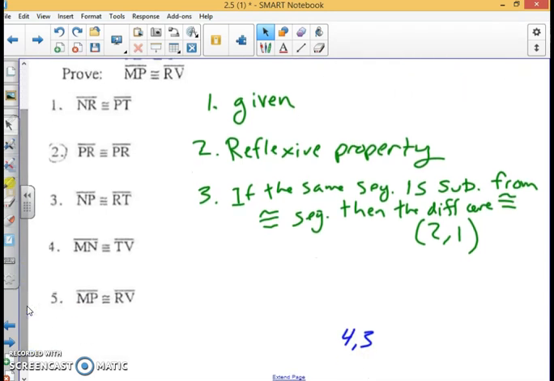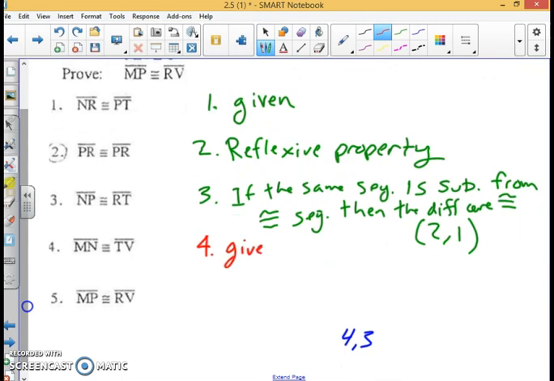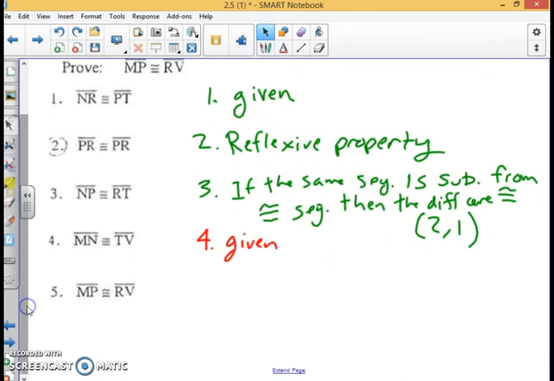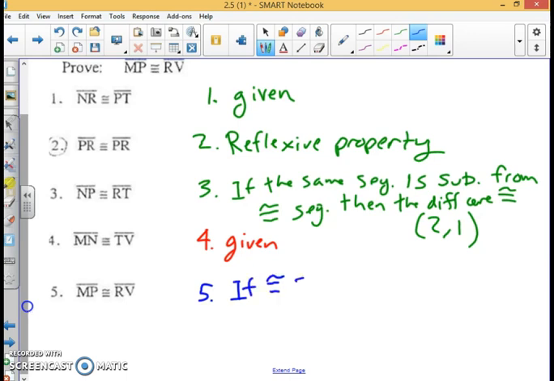Now comes into play that other information that was given to us. We brought it up now because this is where we need it in the proof. And now we are ready to reach our conclusion that MP is congruent to RV. And we are using the fact that if congruent segments are added to congruent segments, then the sums are congruent.